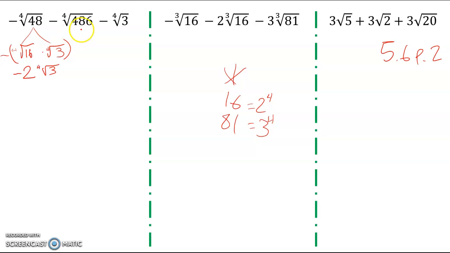If you check it out, 486 divided by 81 is equal to 6. So we can split this up as the fourth root of 81 times the fourth root of 6. Looking over here, the fourth root of 81 is just equal to 3. And the fourth root of 6 doesn't simplify, so we just write it as 3 times the fourth root of 6.